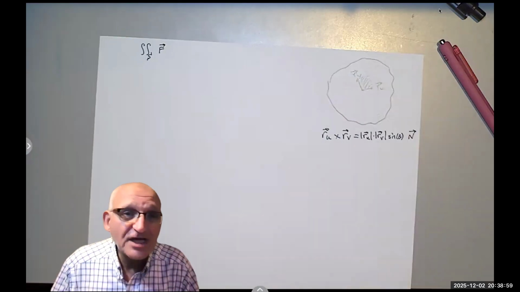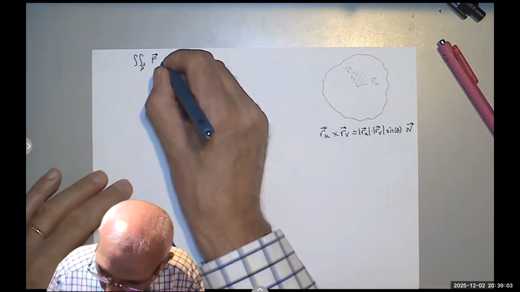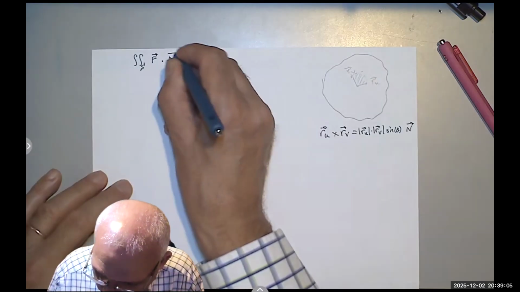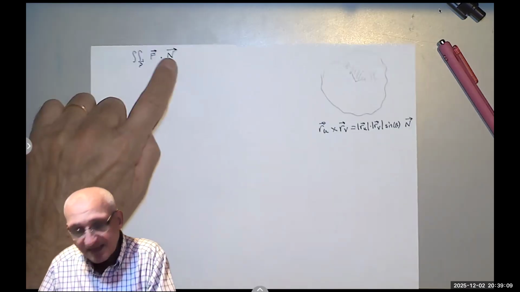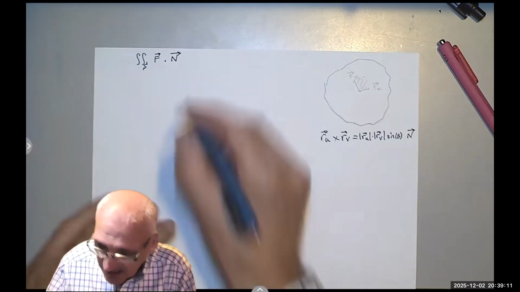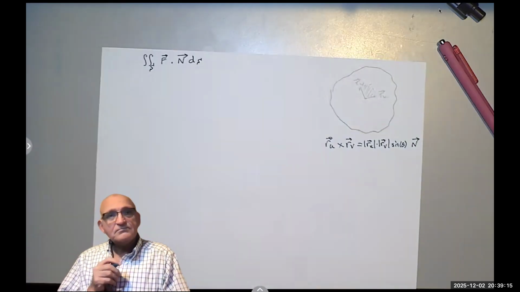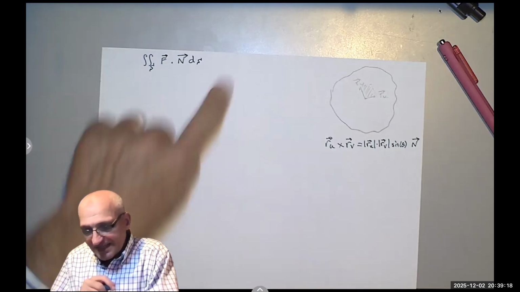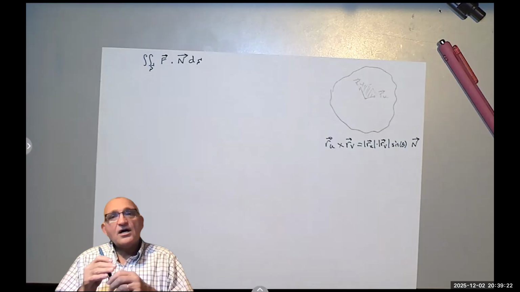How do we project any vector onto any other vector? We say dot n. It gives you the magnitude of the field times the magnitude of n, and then I'm going to do that dS. So that will give me the total integral over the surface.